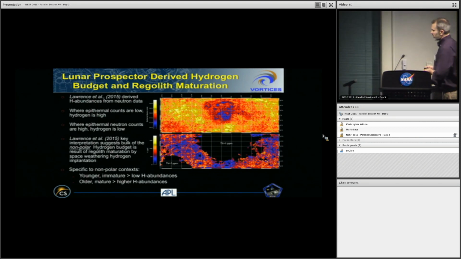You can see these little hydrogen depletions correlating with immature areas on the surface of the moon. Older, more mature areas, so areas that haven't been as cratered, will have higher hydrogen abundances. But it's interesting, and I'll touch on this later, that these higher hydrogen enrichment areas in the non-polar context tend to be a lot more locally located, in a much smaller area compared to these hydrogen depletions.